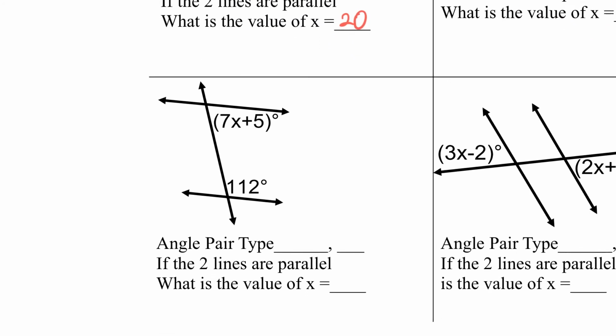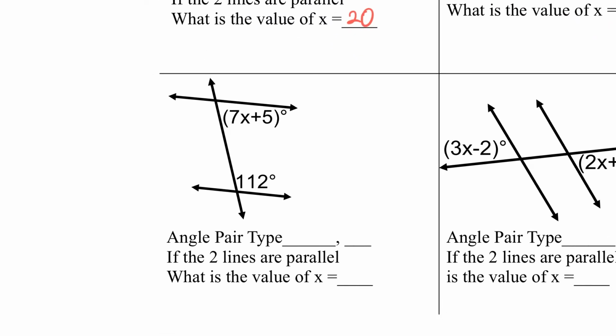What type of angles are those two? These are same side interior. And if the two lines are parallel, what do I know about those two angles? They are supplementary. So how am I going to set up the equation here to solve for x on this one?